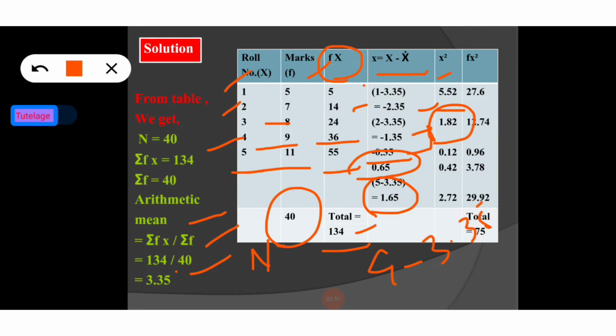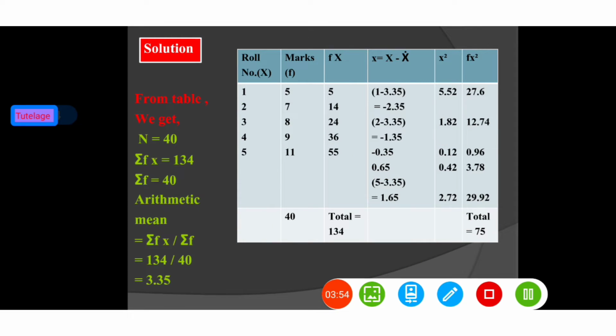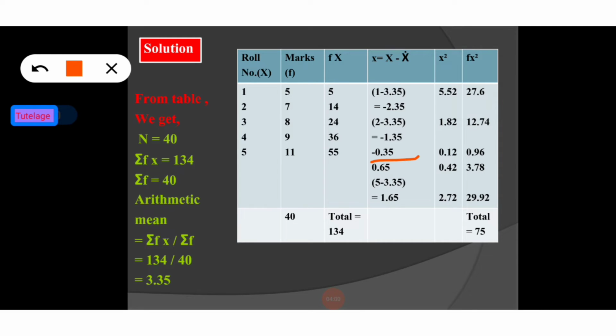The third one, minus 0.35 into minus 0.35, is 0.12. The fourth one, 0.65 into 0.65, is 0.42. And the last one, 1.65 whole square, is 2.72. So for the formula to calculate the standard deviation, we need summation f x square.